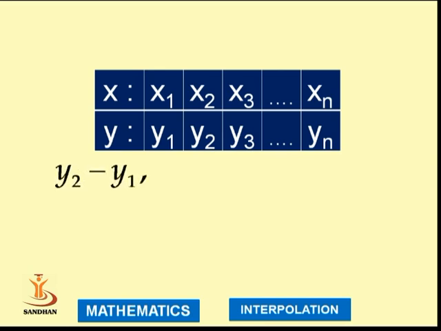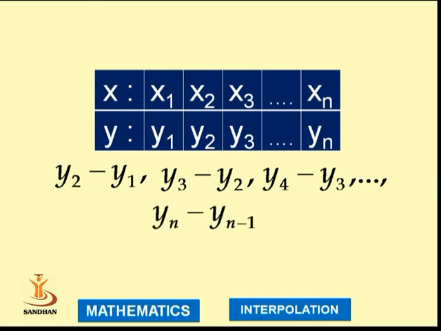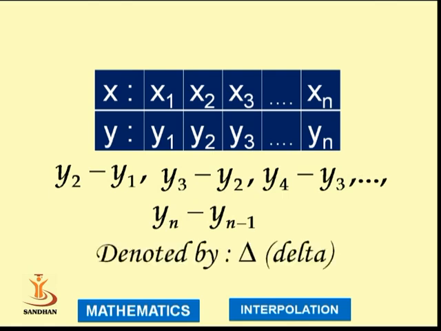In this case, the difference of the value of the functions, that is y2 minus y1, y3 minus y2, y4 minus y3, so on and so forth, yn minus yn minus 1. These are the corresponding differences between 2 consecutive values of the function. So these differences are termed as forward differences, and the difference is denoted by delta. So we use a triangle which is representing delta.